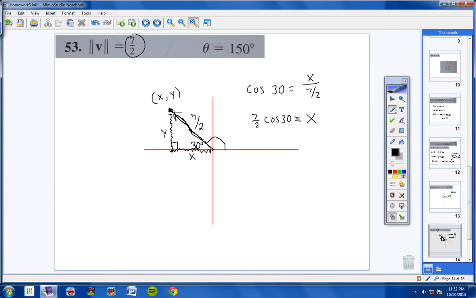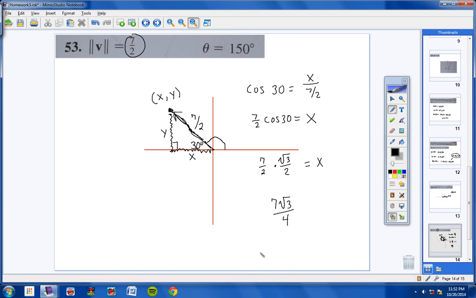And the cosine of 30 should be one of our special angles. Square root of 3 divided by 2. So we have 7/2 times square root of 3 over 2 equals x. So we would have 7 square root of 3 over 4.